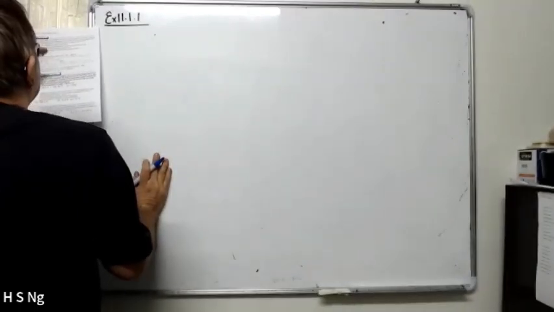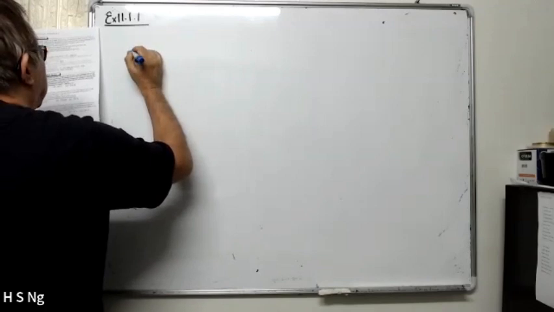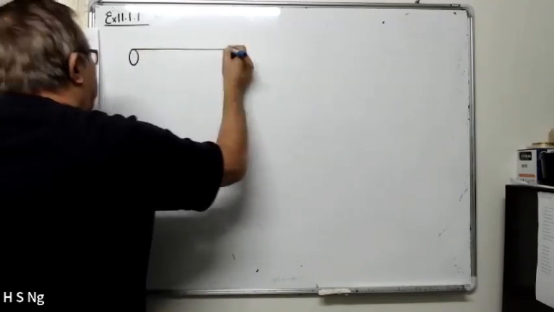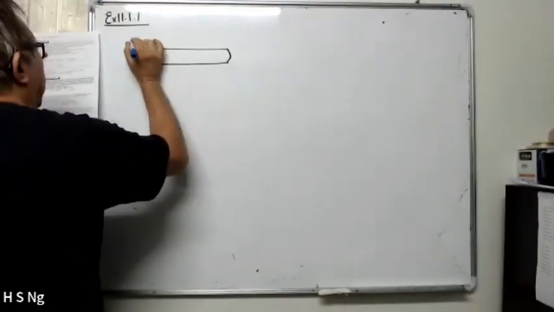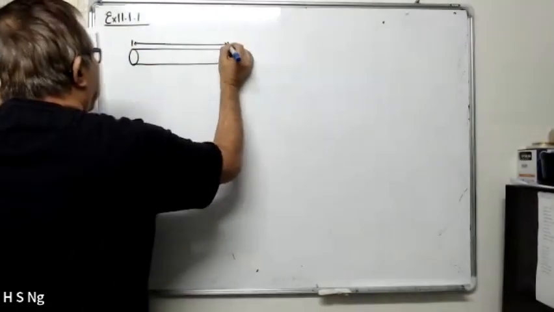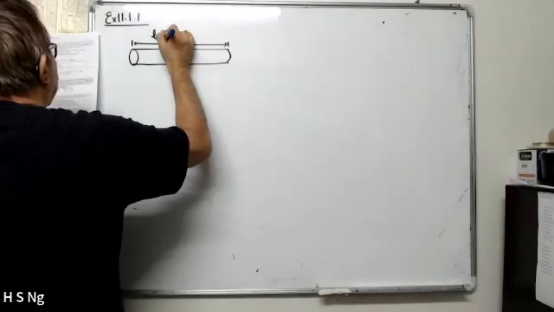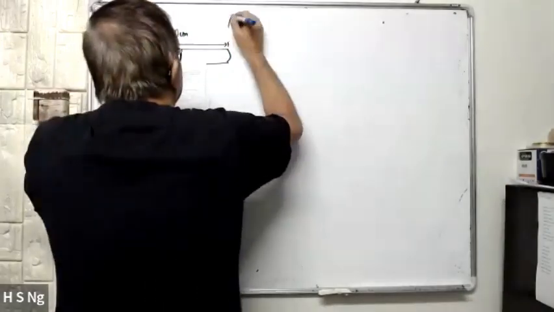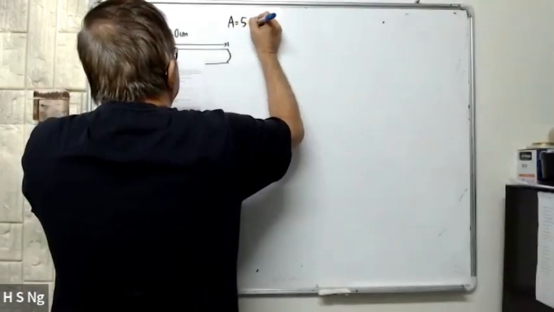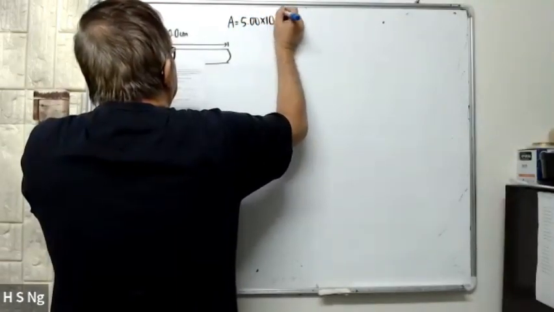Now you have a bar, length 20 centimeter, cross-sectional area. You better change it to meter.